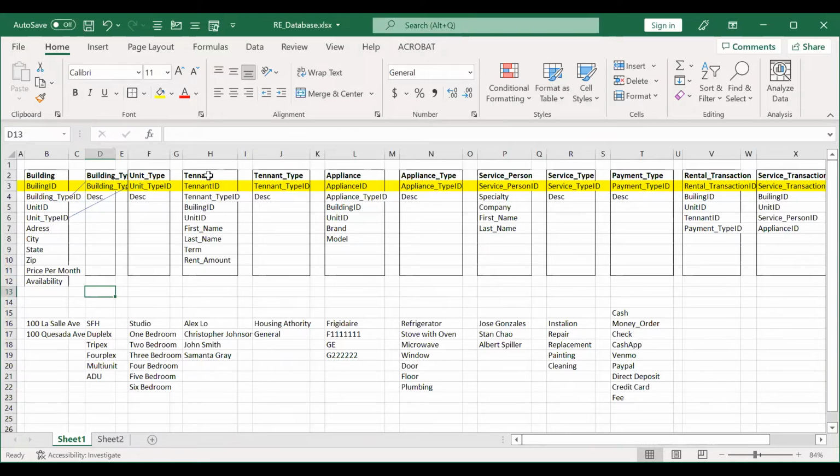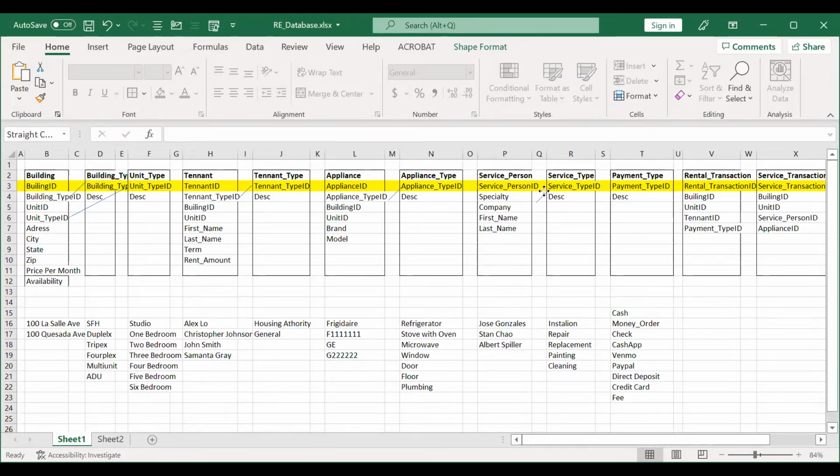Let's do tenant ID. Where's tenant ID? Tenant type ID. Okay. Let me just copy and paste. I don't want to, it takes too long. Okay. Tenant ID, tenant type ID. Okay. Appliance type ID. You guys help me out if I miss something. Okay.